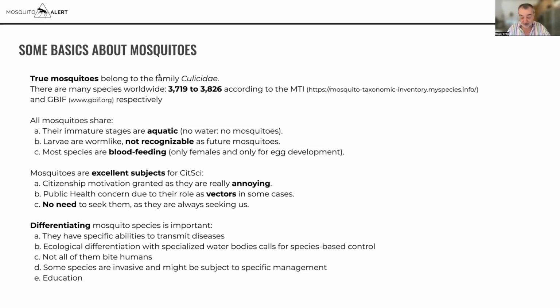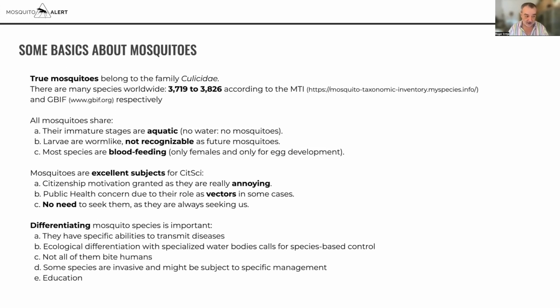And also, citizen scientists do not need to be freaky about butterflies, to have to look for butterflies. Mosquitoes are looking for us. So they come to us, you don't need to be very involved to chase mosquitoes.